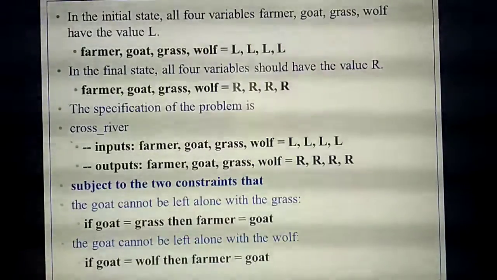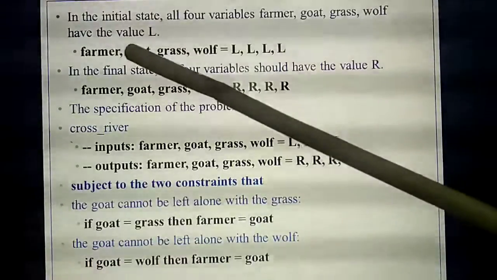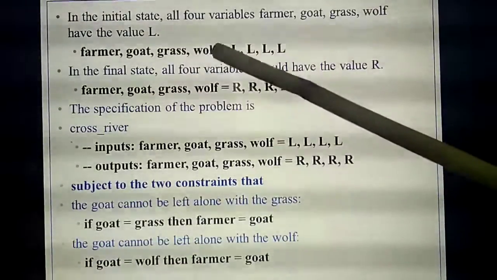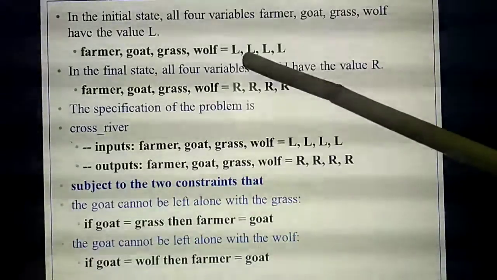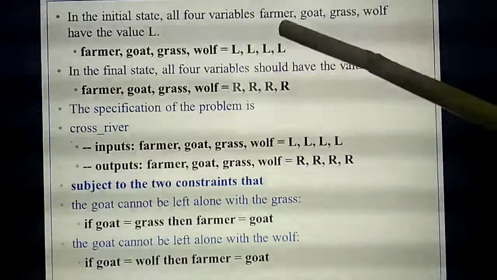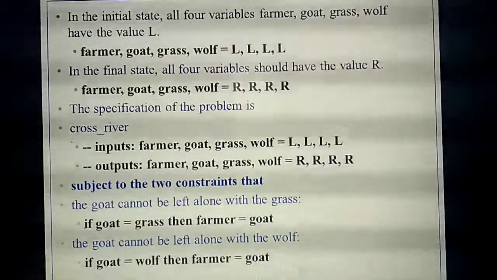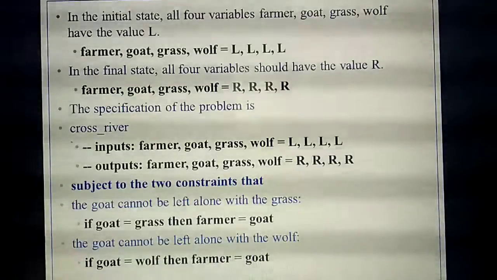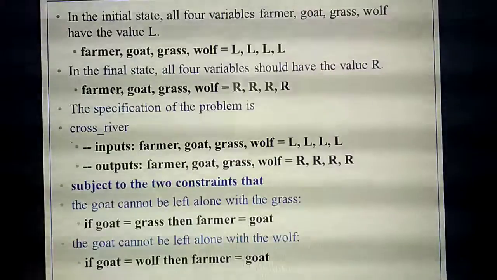Initially the 4 of them are standing on which side? Left side. Who are they? Farmer, goat, grass and wolf. Each of them is standing on the left side, so you represent it with the value L. So L, L, L, L. That means each of them is standing on the left side. This is the initial state.